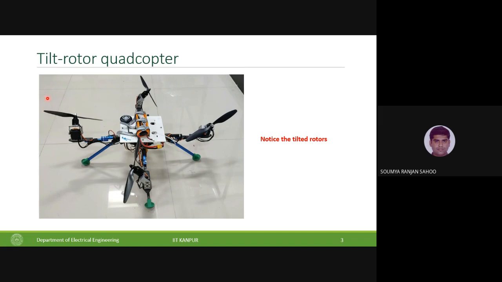Now in case of a conventional quad, for the lateral motion I need to produce some force, which will result in some acceleration in the horizontal direction, and this can only be done by making the quad roll about the x-axis by a certain angle. Once you do this, the camera or the sensor that you have mounted along this x-axis will also tilt.